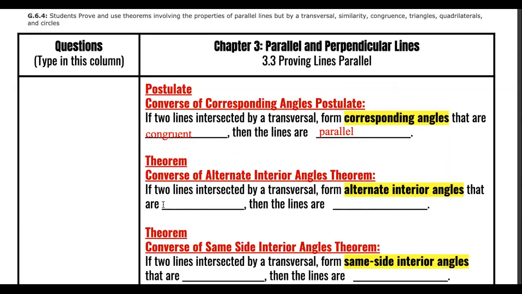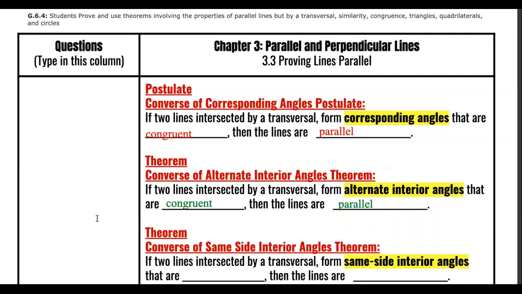Next up, we have a theorem. We have the converse of the alternate interior angles theorem. It says, if two lines intersected by a transversal form alternate interior angles that are congruent, once again, then the lines are parallel, okay? So hopefully that is making sense to you. We are just going in the reverse order of the theorems and postulates from the previous lesson.